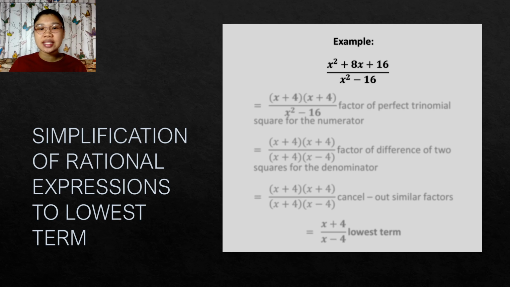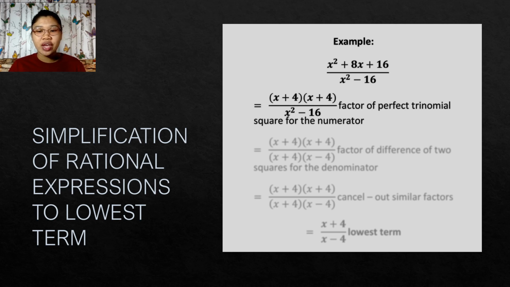So we have here an example: x squared plus 8x plus 16 divided by x squared minus 16. The first thing to do, my recommendation, is to first factor the numerator and then factor the denominator and then do the canceling.